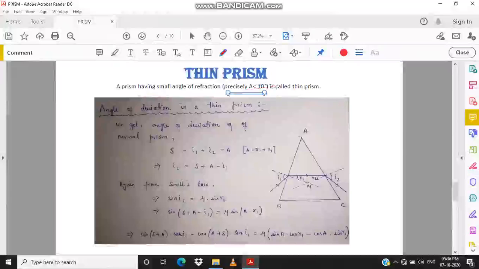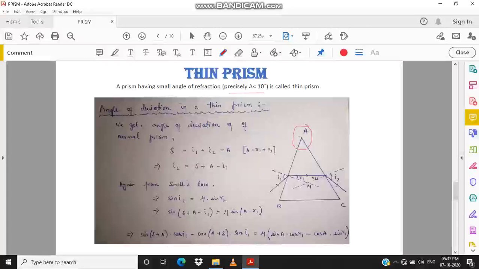What is angle of refraction? This one, see, this is the angle of refraction or the angle of the prism. So if the angle of the prism is less than 10 degree or it's very small, then we consider that prism as thin prism.